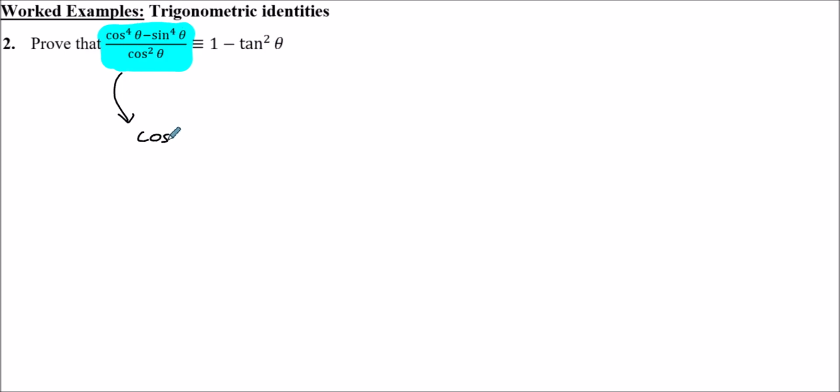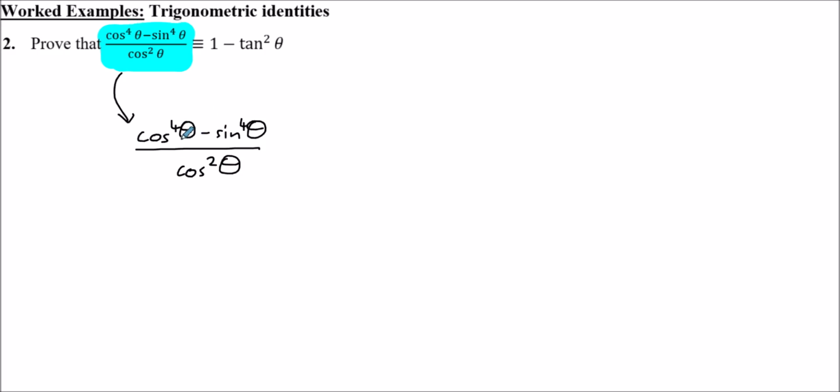So cos to the power 4 θ minus sin to the power 4 θ all over cos squared of theta. You can see here from the top, this is an even power.